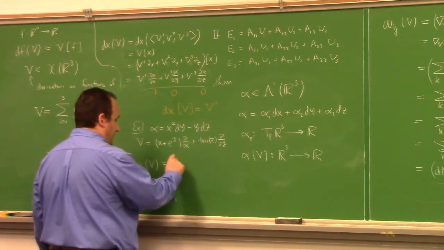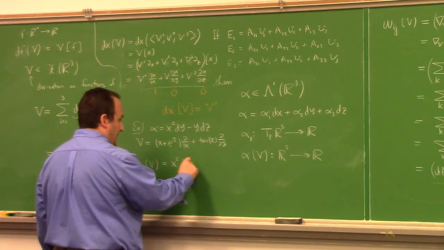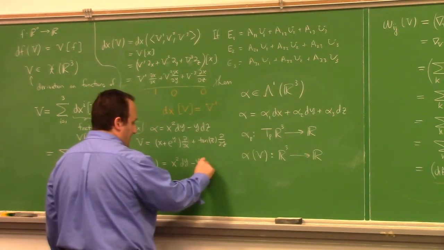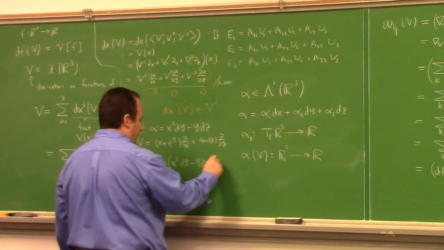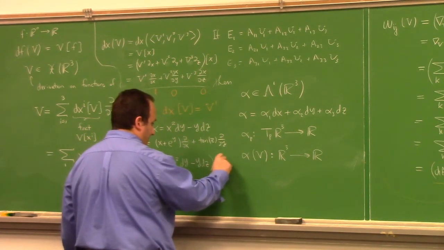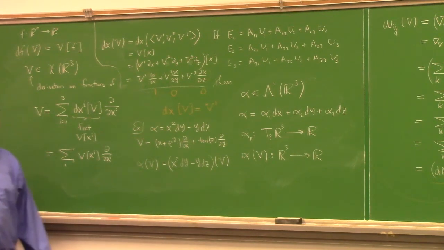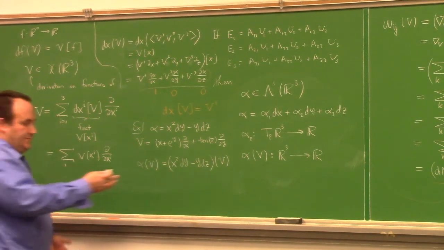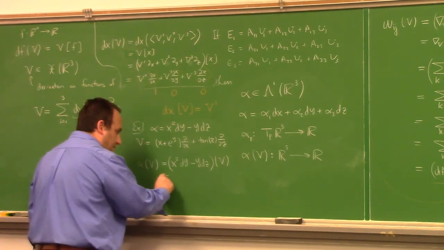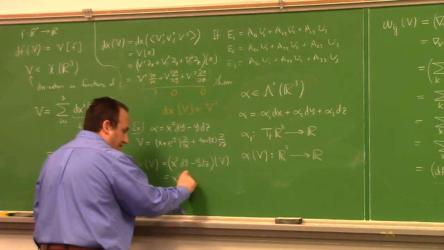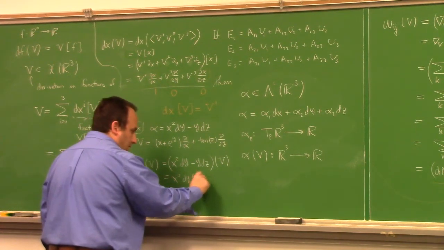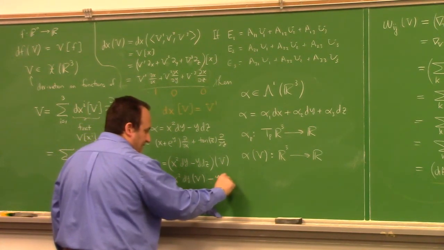So we have x squared dy minus y dz, and I'm going to leave that as v for the moment. Because writing out the details of v at this point does not help me. It just makes me write more. Now, this, by definition, is x squared dy acting on v minus y dz acting on v.